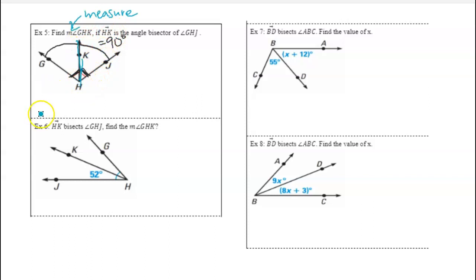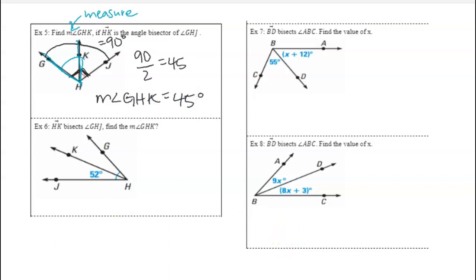So this is my angle bisector of GHJ. So I want to find GHK. I'm looking for this angle here. And I know that the entire angle is equal to 90. It's being divided up by HK. That is 90 divided by 2. And I get 45. So I know that the measure of angle GHK is equal to 45.